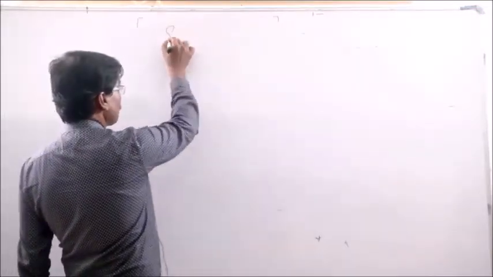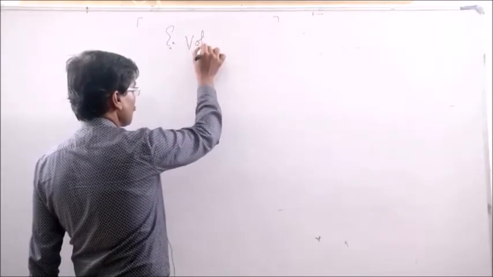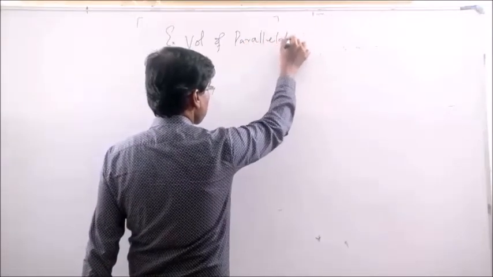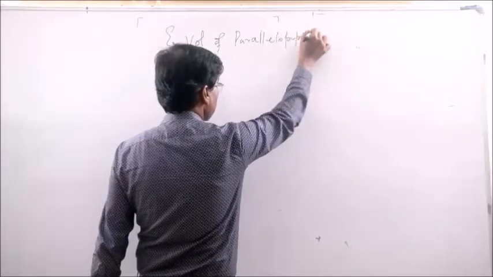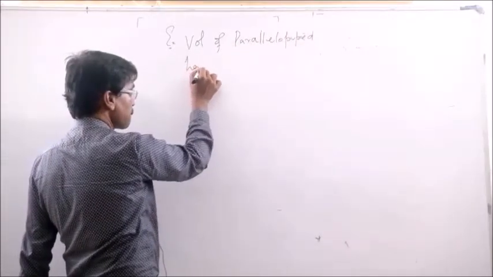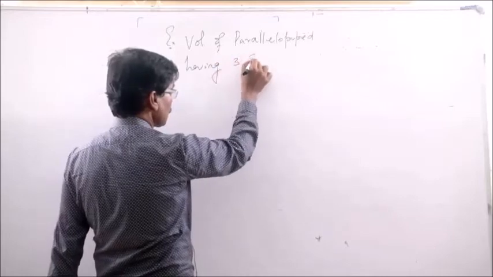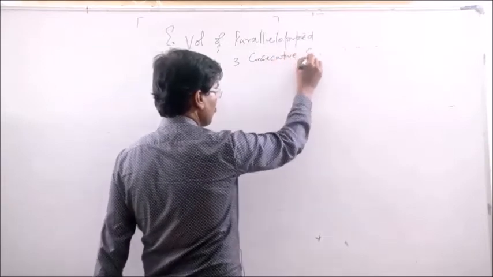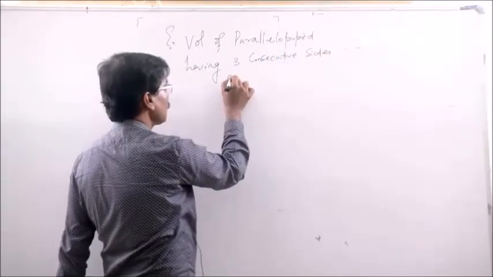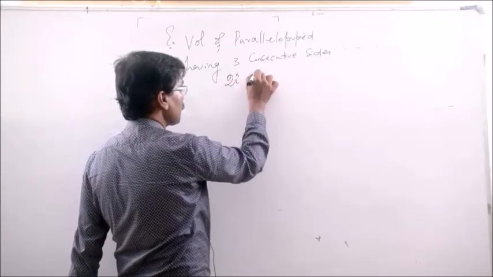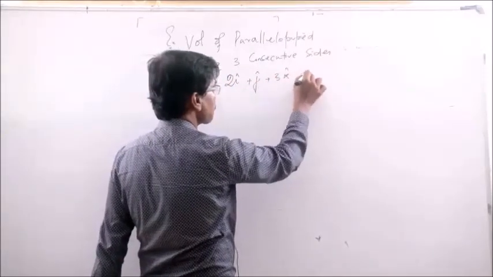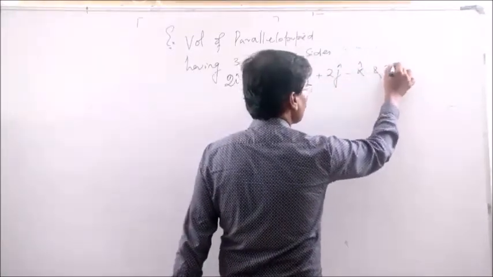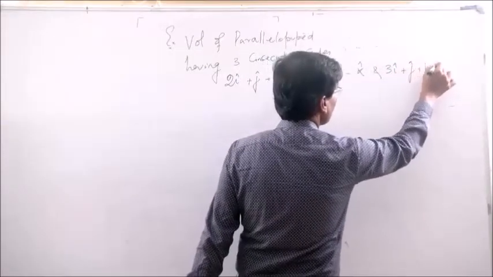So, take one example, that is volume of parallelepiped having 3 consecutive sides, say 2 i cap plus j cap plus 3 k cap, i cap plus 2 j cap minus k cap, and 3 i cap plus j cap plus 4 k cap.